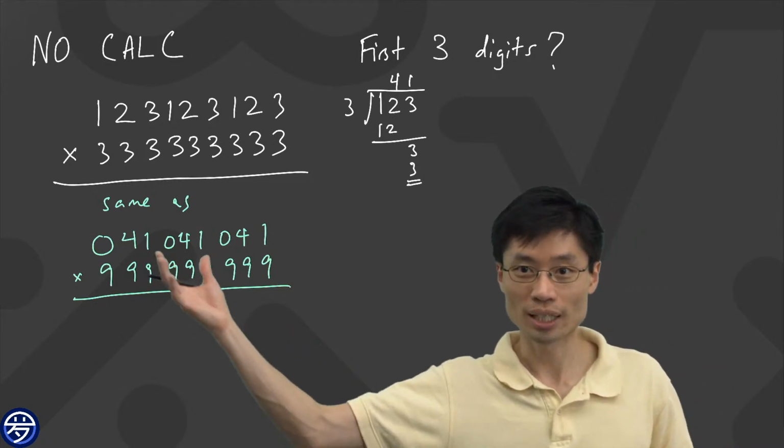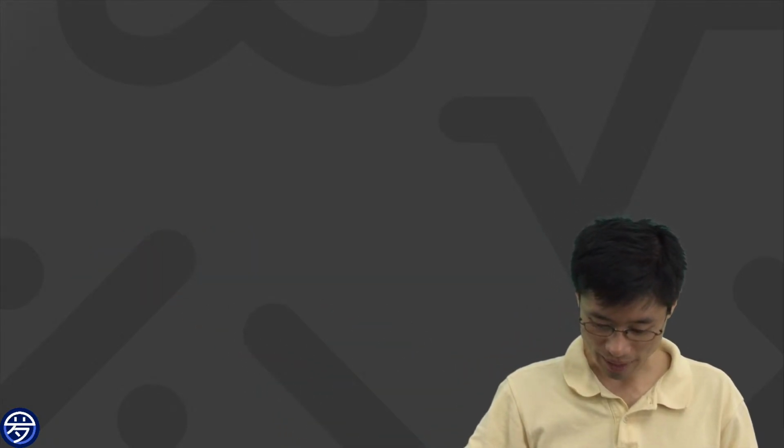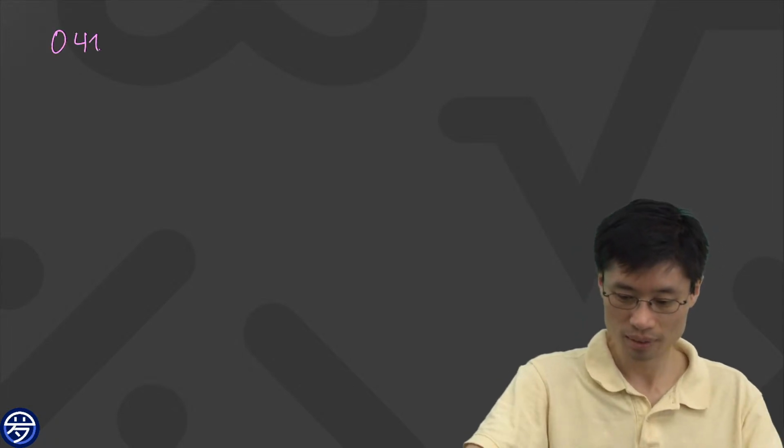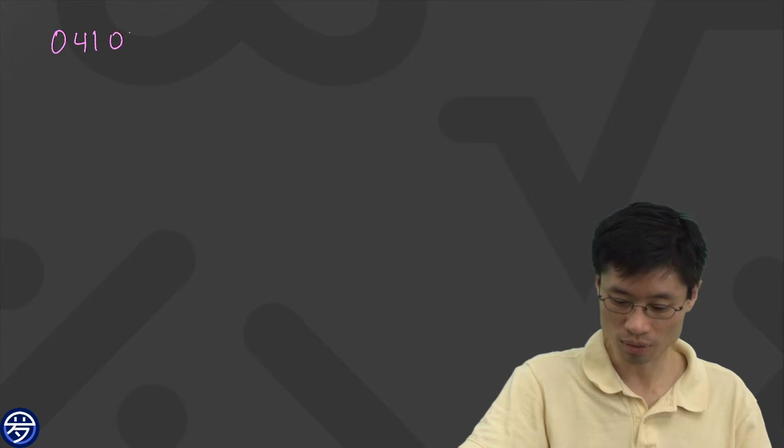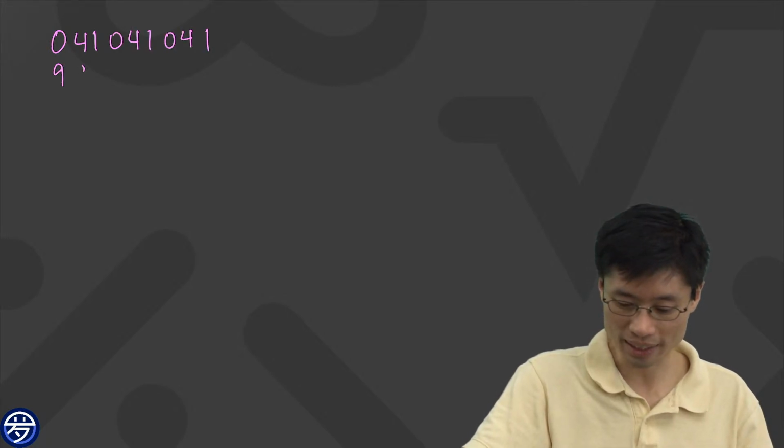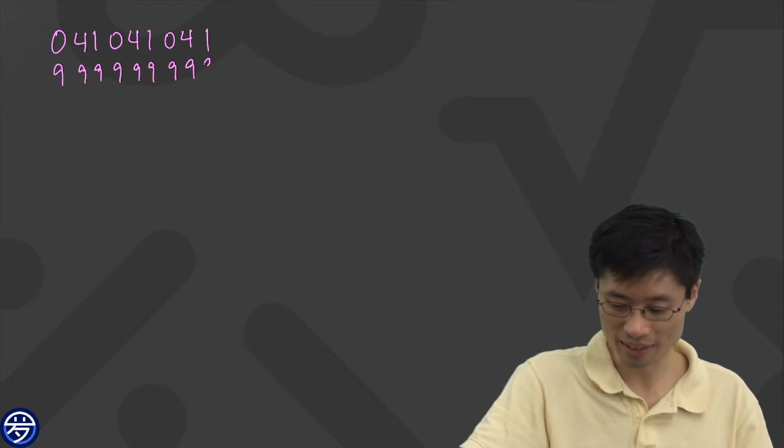Okay? So when I shift it so far to the right, my answer becomes, so I have 041,041,041, multiplied by 999,999,999, okay?